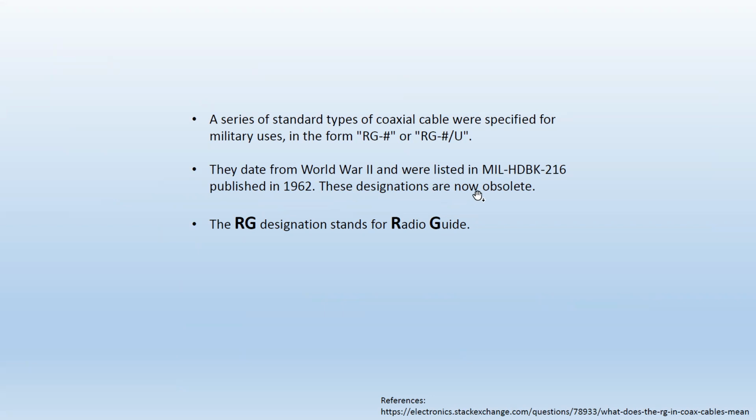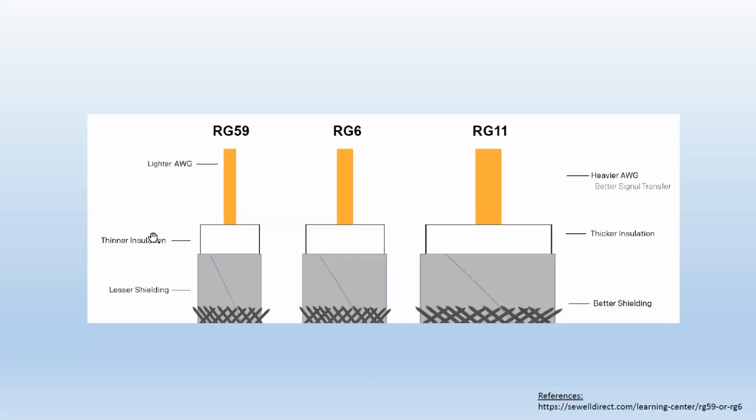But if you're curious, you can Google that, and you can download the whole document, which used to be secret a long time ago. And of course, the RG designation stands for Radio Guide, and there are some references if you wish to check them out.